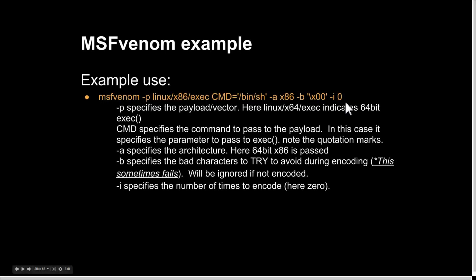-i tells it the number of times to encode. It is common for the encoder to encode with the chosen algorithm at least about 4 times. Sometimes it'll do 20. Maybe it'll do 100. Obviously, the more the better, even though, think about it like this.